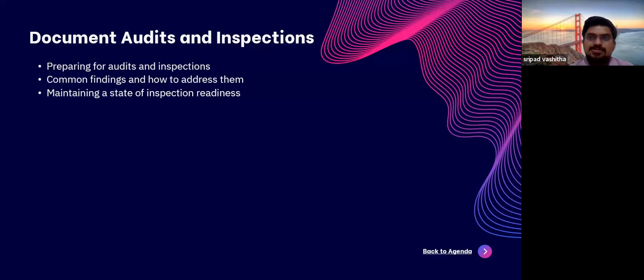They are going to see your data, how it is documented, what your protocol is, how you are following it, what your validation protocol is, what your testing protocol is, what your method development approach is, right? How you have captured all the test data. This can only be established when you have proper documentation and the document trail is proper, correct? So that is what preparing for an audit is all about.